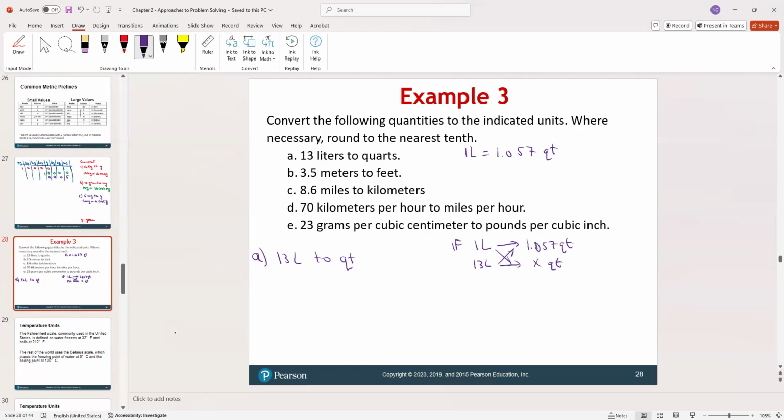That's a different technique you can use. That means X is 13 times 1.057. When you multiply these two, because you have cross product, it gives you 13.7 quart. So 13 liter is equal to 13.7 quart. This is the answer, right?